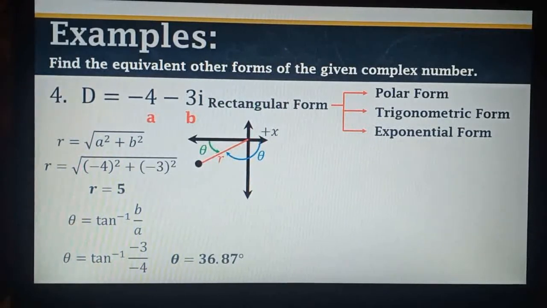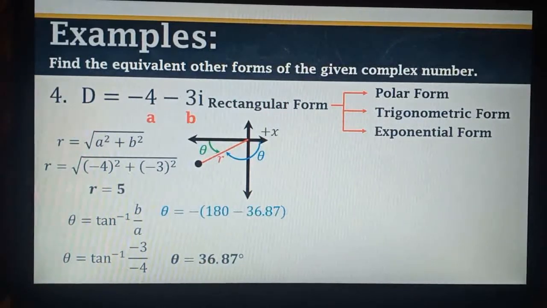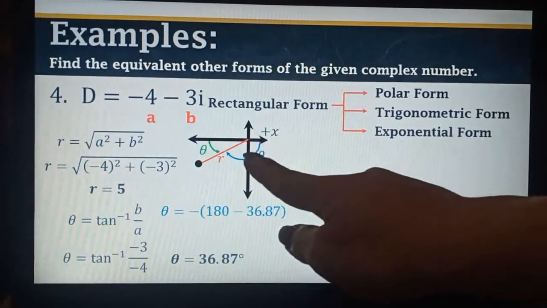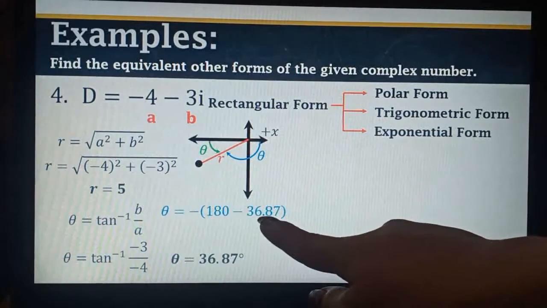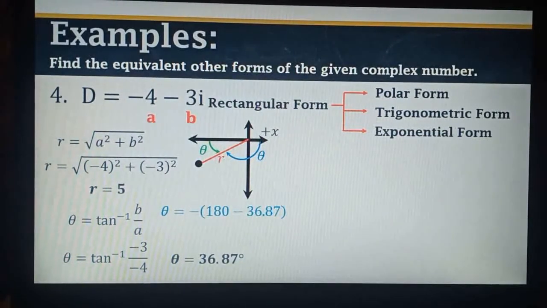So therefore, your theta must be in negative. So you will have negative, then the total is 180, subtracting 36.87 rather. Your theta from the positive x is negative 143.13.